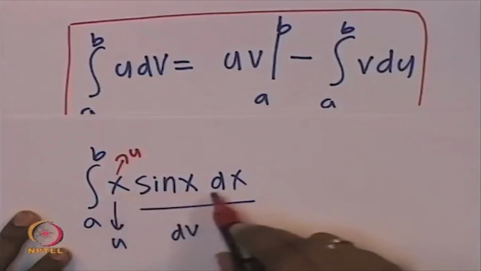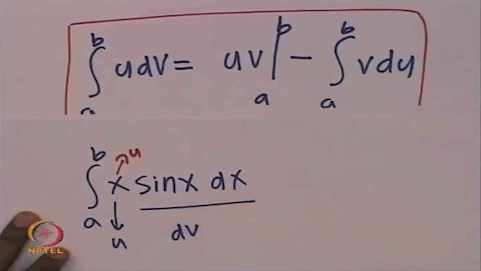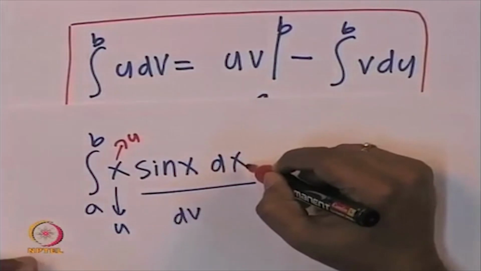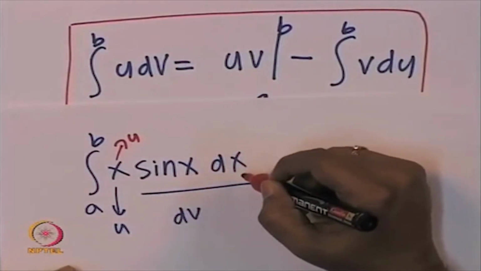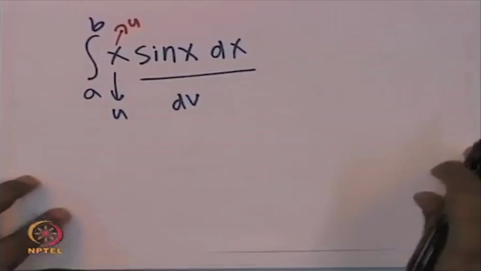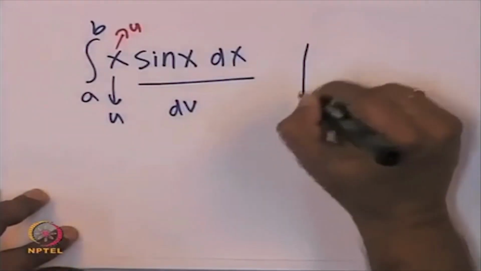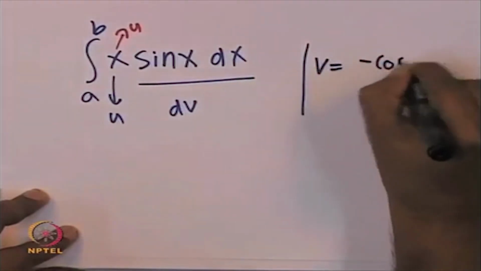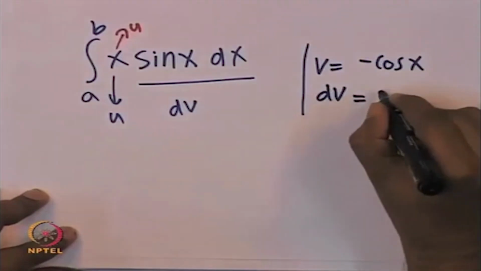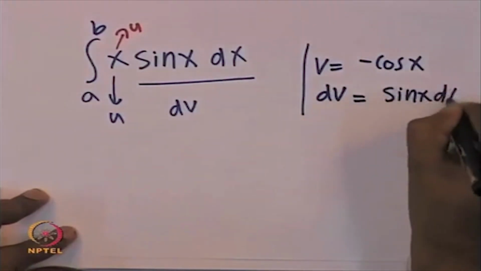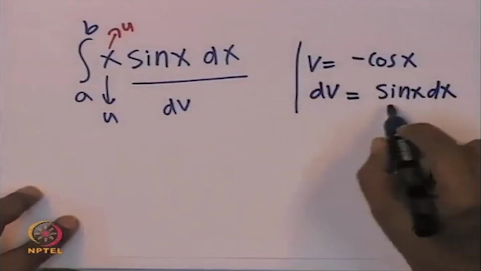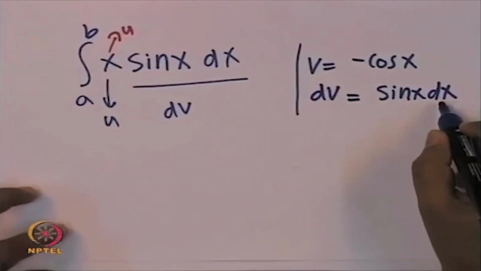Then you have integral u dv, and you have to find out v. dv is sin x dx, so v has to be minus cos x. This would imply that v is minus cos x, so that dv can be sin x dx, since the derivative of minus cos x is sin x dx.